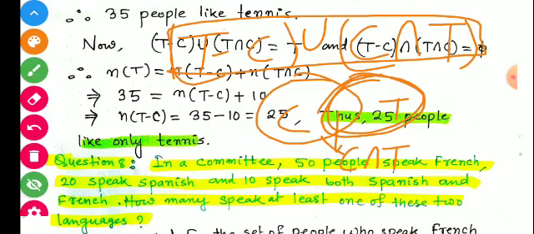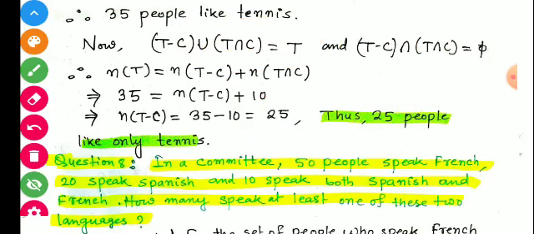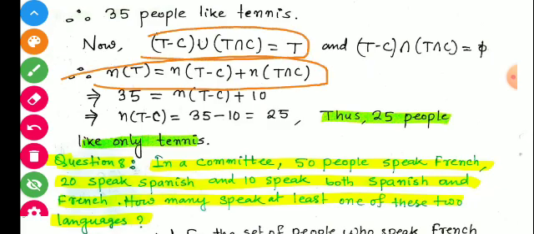That means we can write it this way. We have written set T as the difference T minus C, the elements of T not in C, and the common elements of T and C. These two have no common elements, so their intersection is the null set.